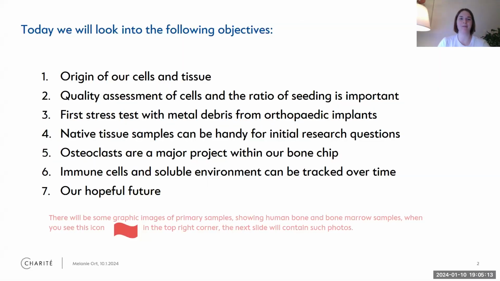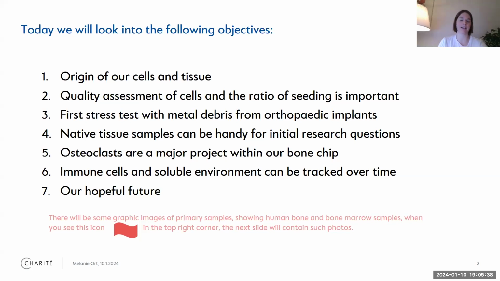So today I would like to talk about the following things with you: the origins of our cells and tissue that we use on the bone and bone marrow chip, then what kind of quality assessment or pre-testing we do and how important seeding is. I will also present the first stress test that we did in a clinical setting with our bone and bone marrow chip.